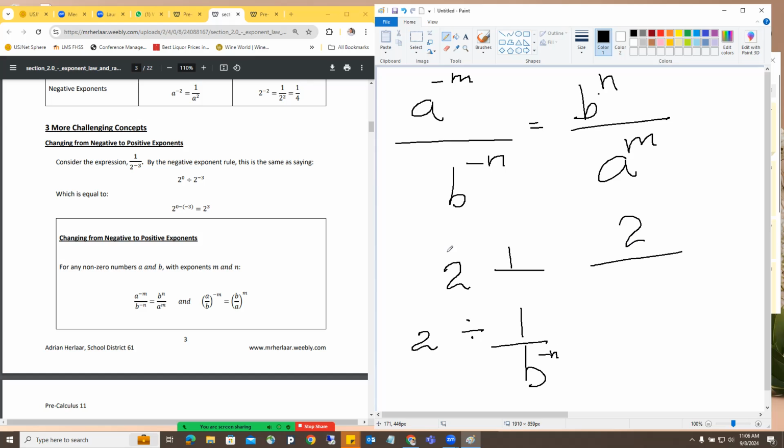When you switch the sign, it's still b^-n, right? Yes.